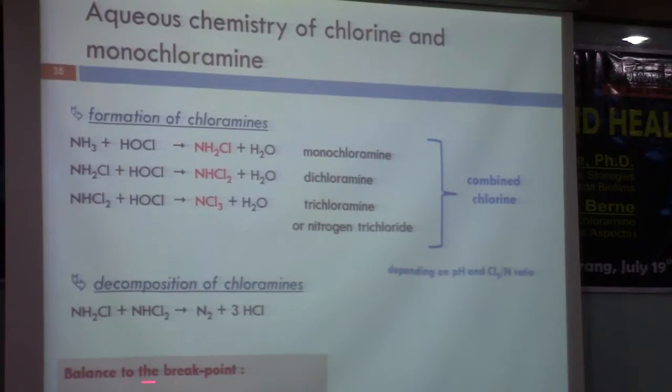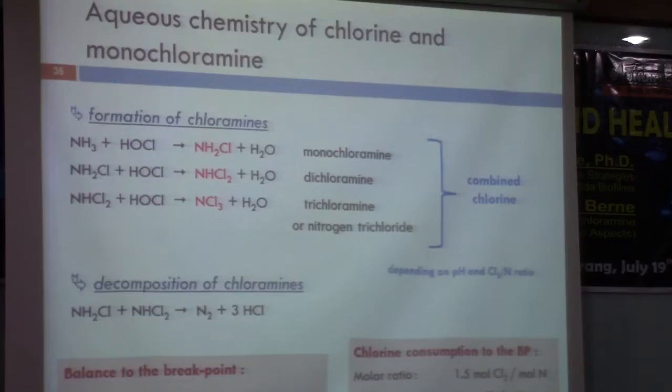So we need 3 moles of chlorine per 2 moles of ammonia to remove ammonia from water. That is to say, in a mass ratio, 7.6 grams of chlorine per gram of nitrogen to eliminate ammonia in water.